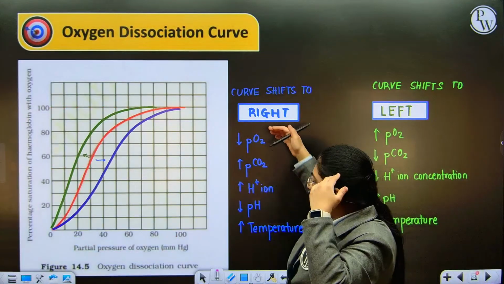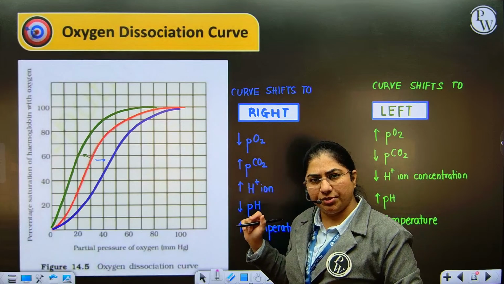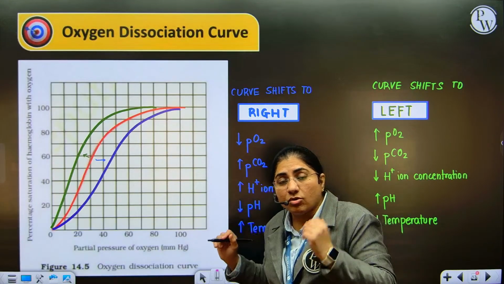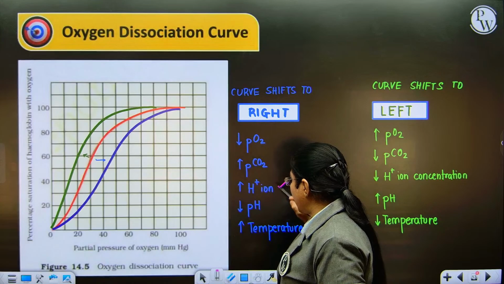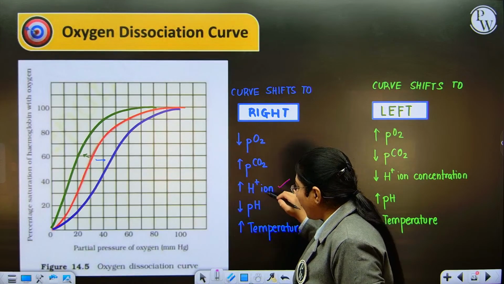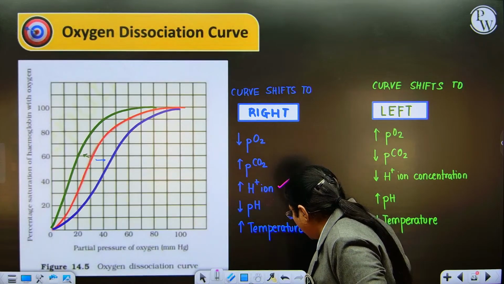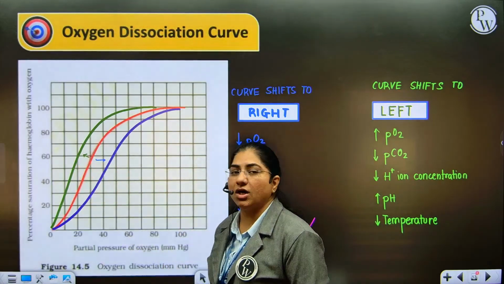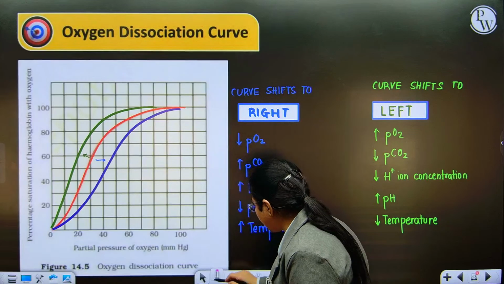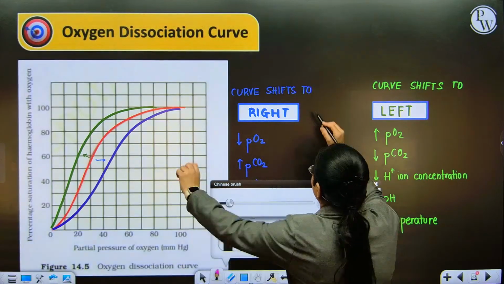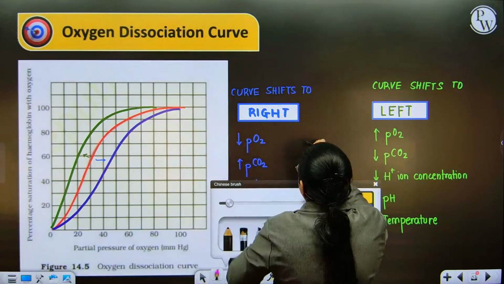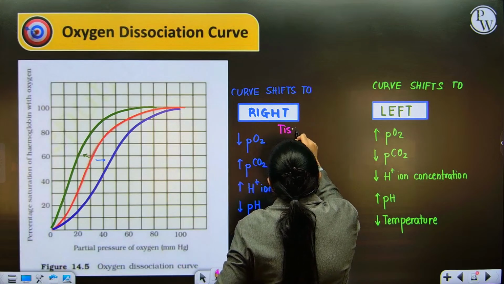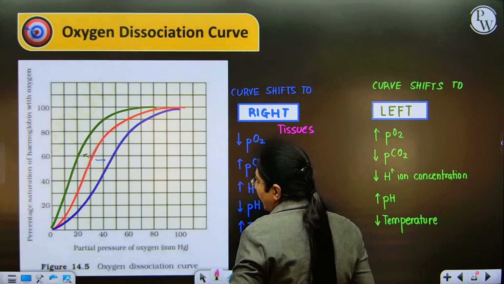What if the partial pressure of oxygen reduces, partial pressure of CO2 increases, thereby H plus ion concentration increases? If H plus increases, pH decreases, and temperature increases, the oxygen dissociation curve will shift to the right. This shift to the right occurs at the level of tissues, and can again come as an MCQ.